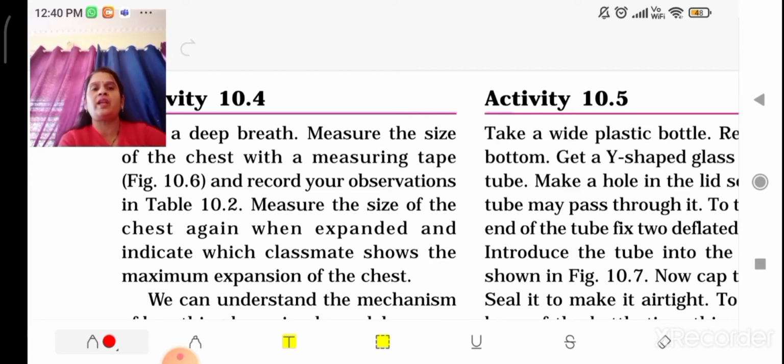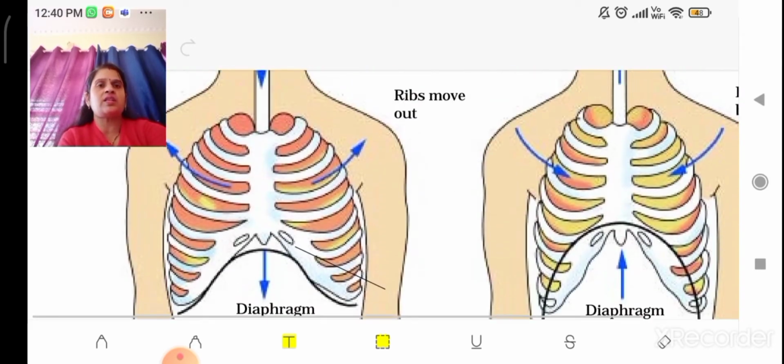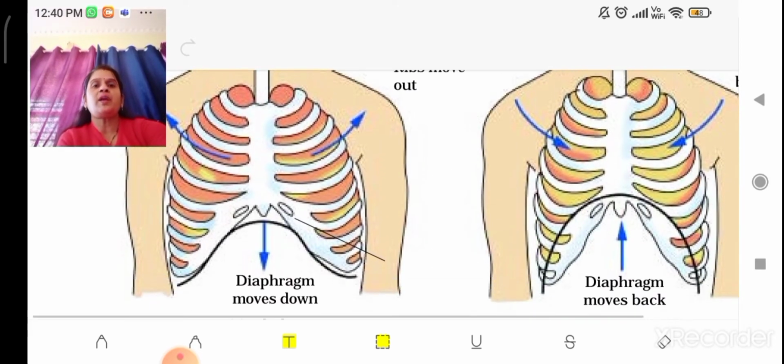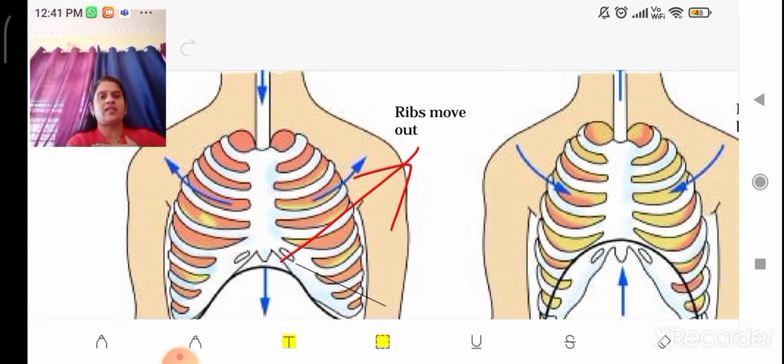Actually, when we breathe in, air is taken into the lungs, so our ribs move a little outward. Due to that we feel some kind of expansion in our chest cavity, because the lungs are filled with air and need more space. This is called expansion.